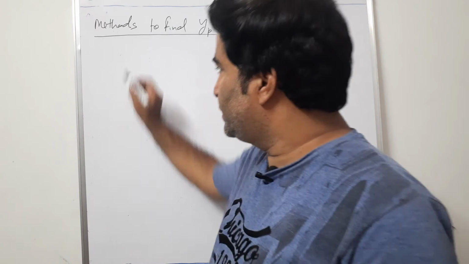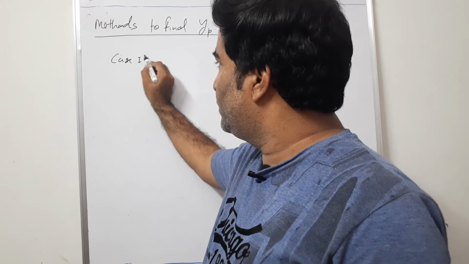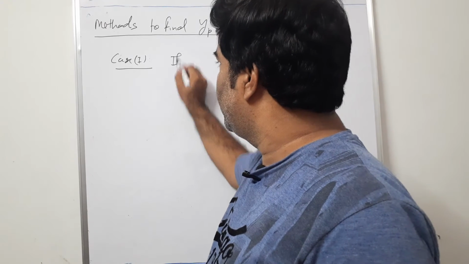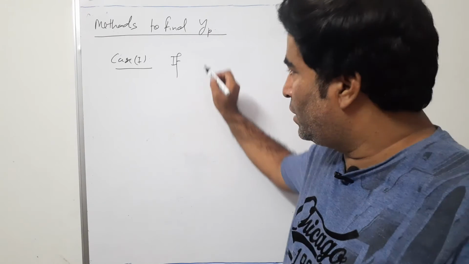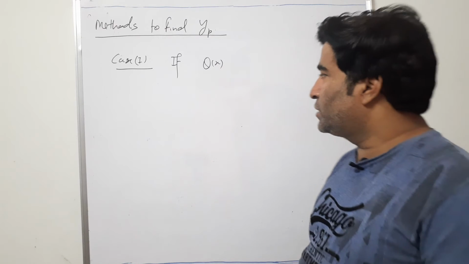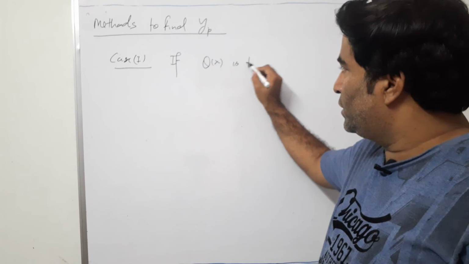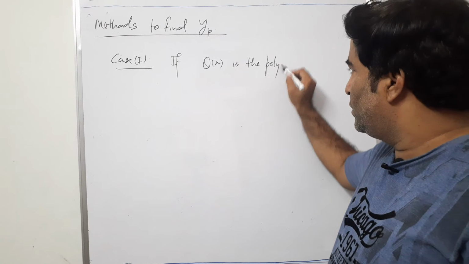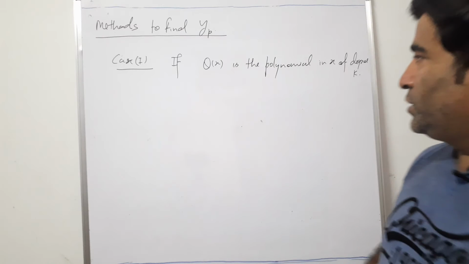We have the following cases. Case first, if the right hand side of the differential equation, that is Q(x), is a polynomial in x of degree k.